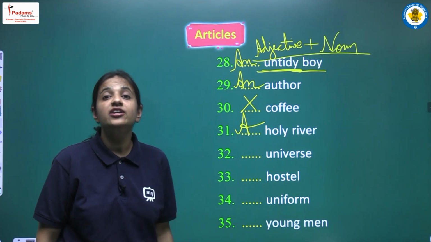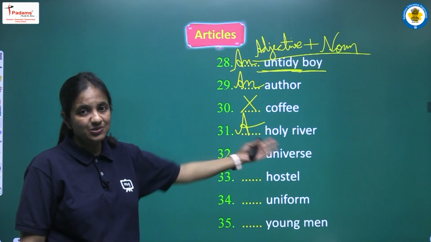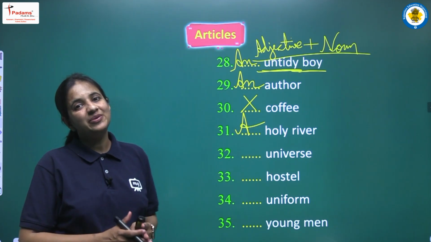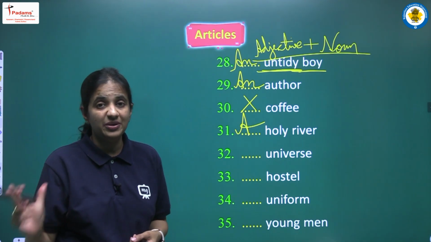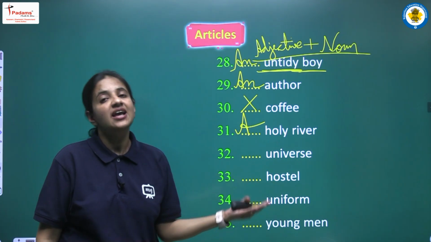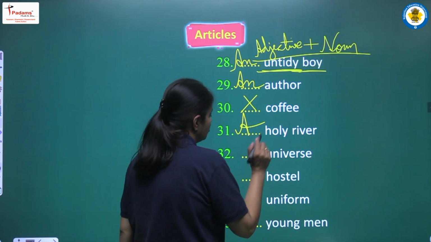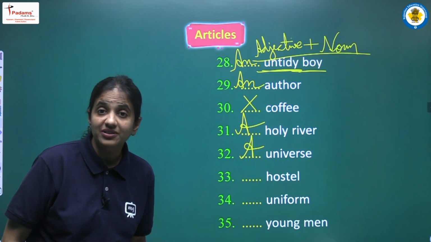Next we are having universe. So yes, we are having U in the beginning if we can see the spelling, but we have to focus on the pronunciation, and according to the pronunciation we are having consonant sound, we are having Y sound in the beginning because this is universe, and according to the sound we have to use the article. So for that we have to use a here, and it will be a universe.